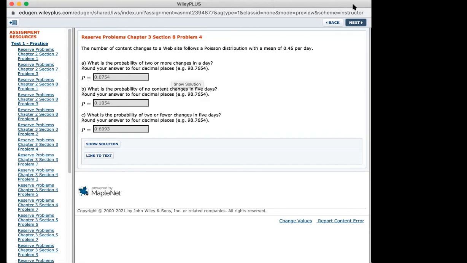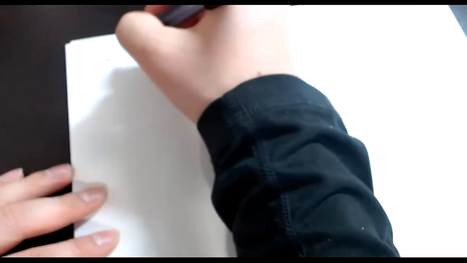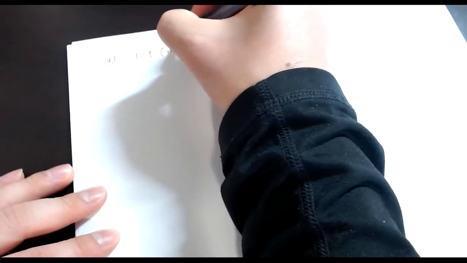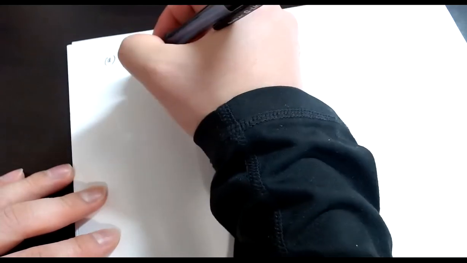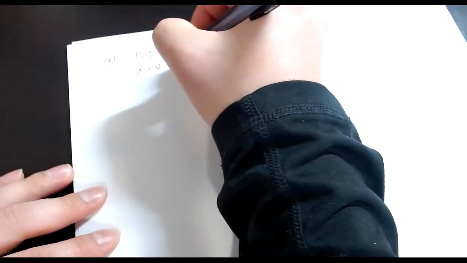Let's figure out the solution on sketch paper. Question A. T is 1, meaning 1 day, and lambda is 0.45.